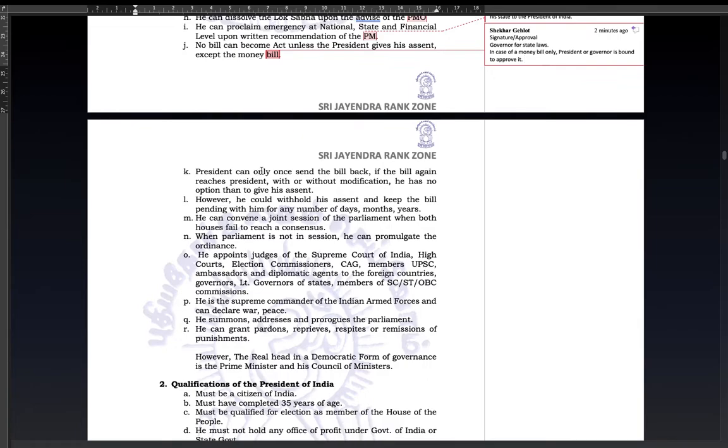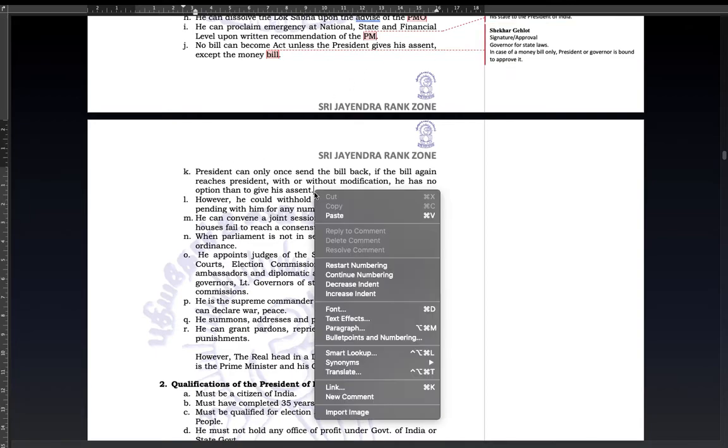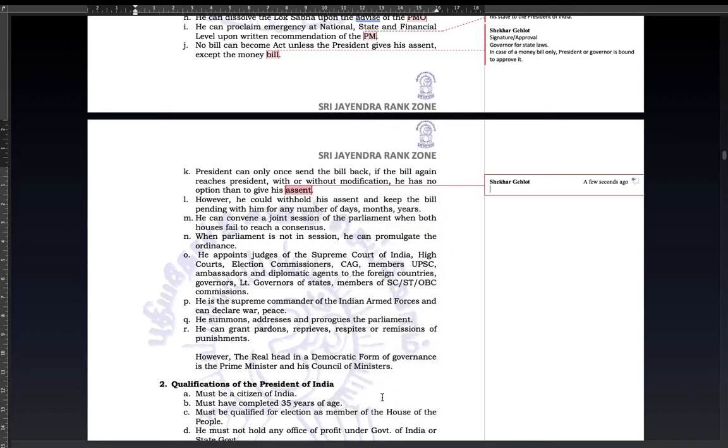Otherwise, in a regular bill, see, this is what we discussed about the money bill. President's powers in respect to money bill, he is bound. But in regular bills, in other laws, regular bills are those which are not financial bills. Simply, it is stated in the Constitution. Regular bill is ordinary bill, or common bill, which is not a money bill.